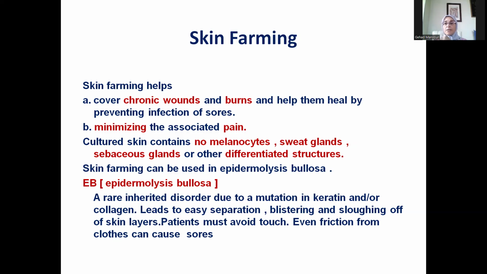Epidermolysis because there is lysis of the separating layers between the epidermis and the dermis. Skin farming is important in such cases to cover the ulcers, diminish the infection possibility, and diminish pain, because when the skin is sloughed off, we would have pain because of exposure of the sensory pain nerve endings, and meanwhile, because of the absence of the mechanical barrier of the skin, we would have increased exposure to infection.